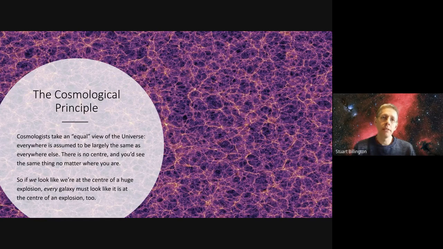Which means, if we're pointing our telescopes at the sky here on Earth and seeing all the other galaxies zooming away from us, then if we were to use my magic click-your-fingers teleportation device and go to any other planet, anywhere in the universe, and take the same measurements, we'd have to see the same thing, and we'd have to conclude that all the galaxies are moving away from there as well.